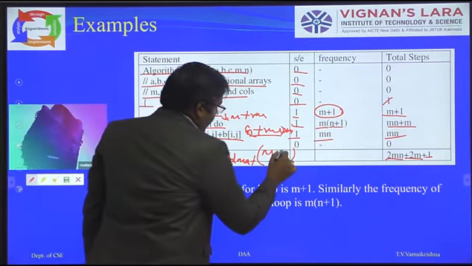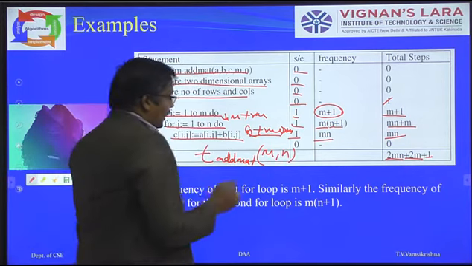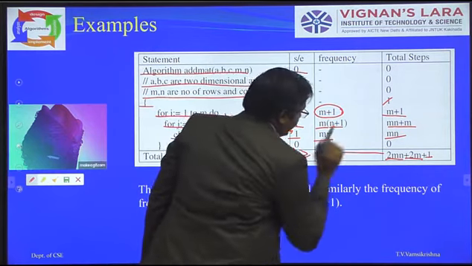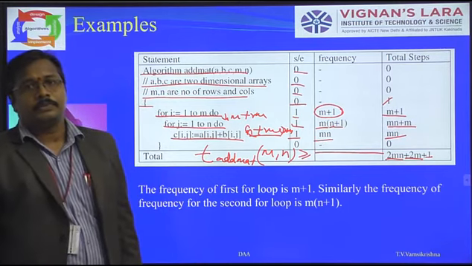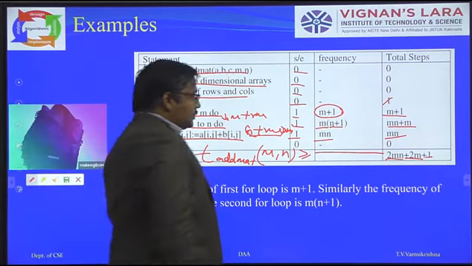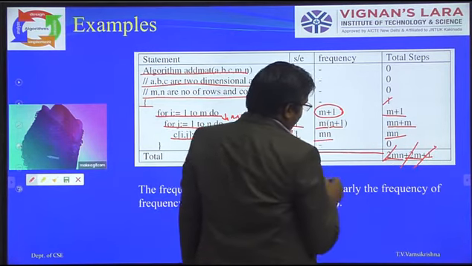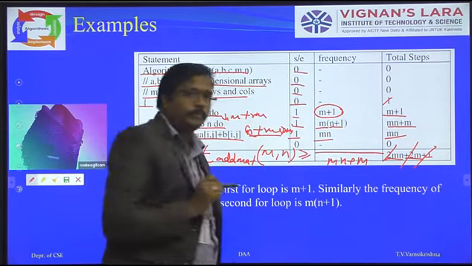So m comma n, greater than or equal to, this is what we have to write: 2mn plus 2m plus 1. After that, 1 is a constant, 2 is a constant, so the remaining thing is mn plus m.